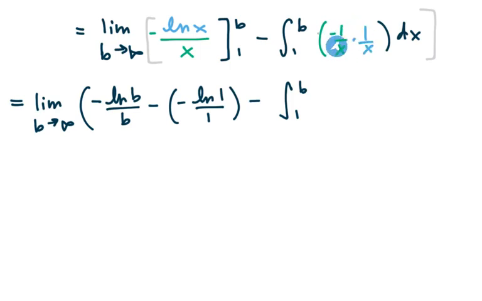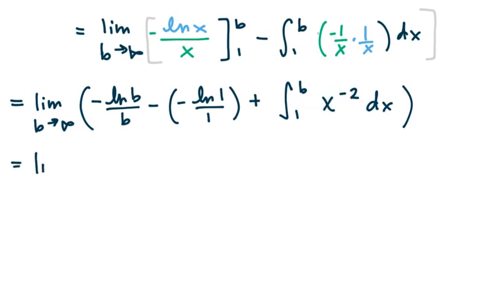And simplifying this, this is negative 1 over x squared, or in a sense, negative x to the negative 2. And if I pull that negative in front, that's going to be plus x to the negative 2 dx. So looking at this term, the natural log of 1 is 0. This term's going to disappear. This is easy to integrate.